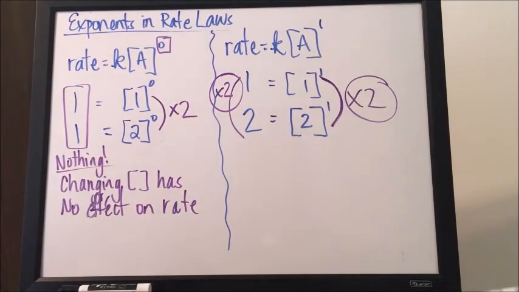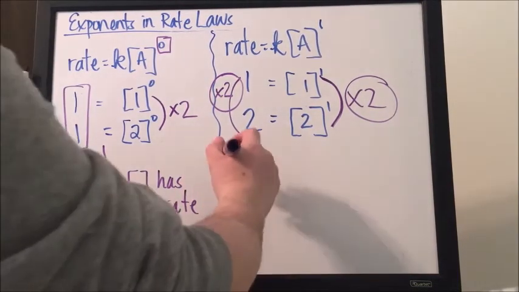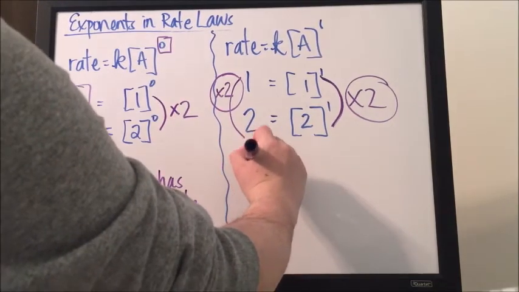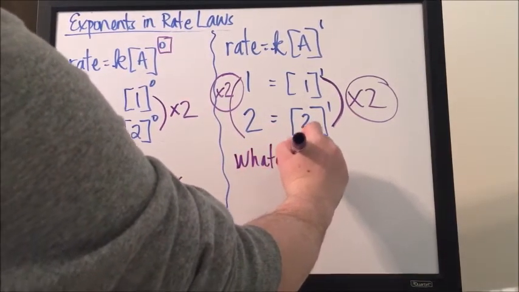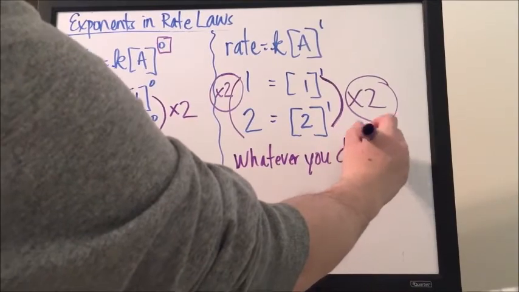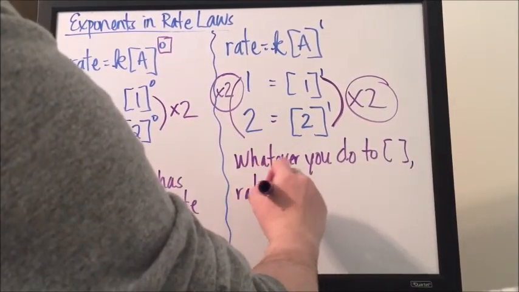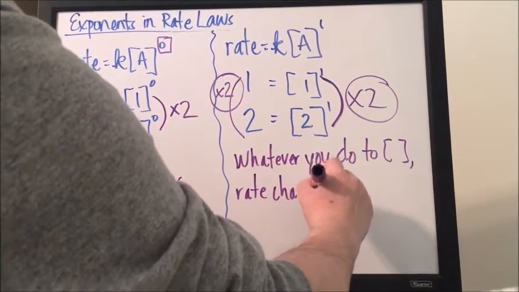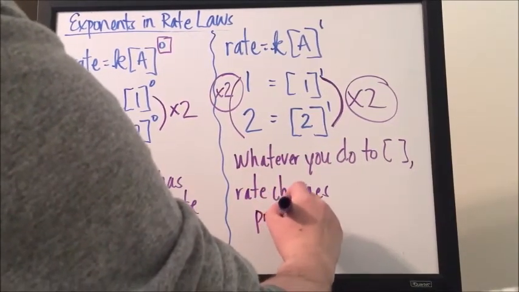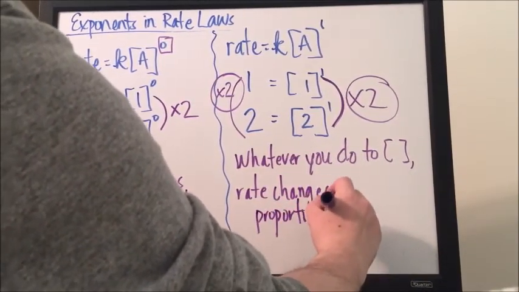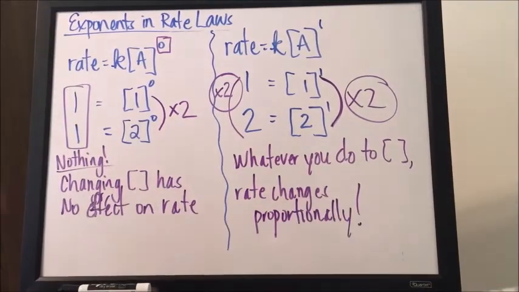So this is the one where whatever you do to A happens to the rate. This is the directly proportional relationship.